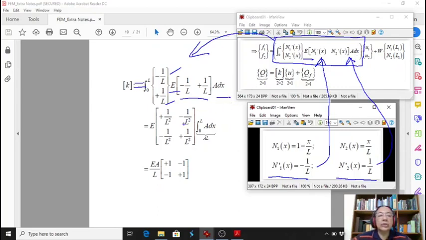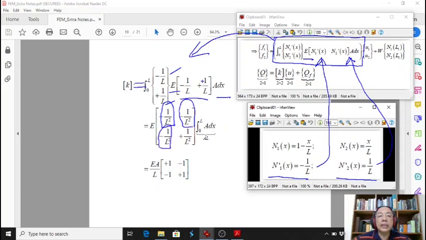So after we integrate, we do the multiplication first. This minus 1 per L times minus 1 per L, we get this, and this multiplied by this, we get this.